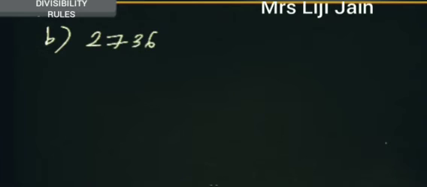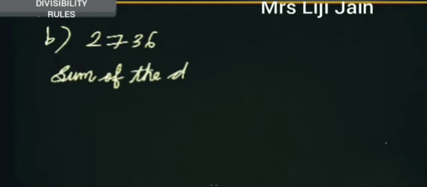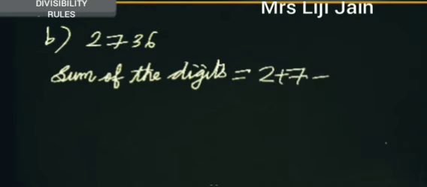Here also find the sum of the digits. Sum of the digits is equal to 2 plus 7 plus 3 plus 6. Okay.